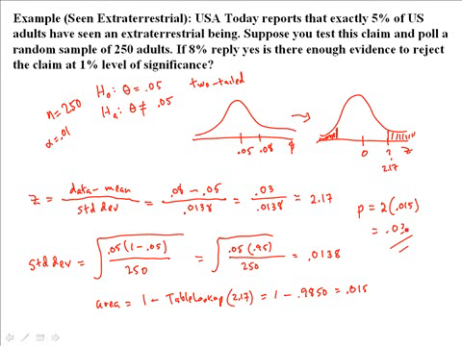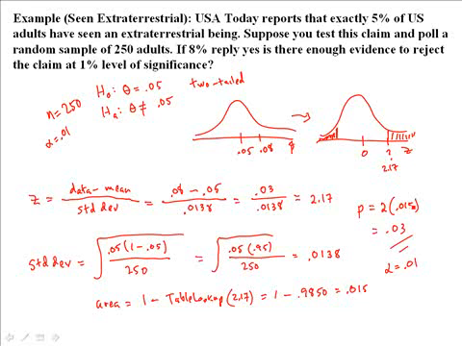But if you do have a level of significance, and we have one, this 1%, then you take this p-value and compare it to that. In this case, our alpha, we said, was 0.01. Is this p-value smaller than this alpha or not? It's larger. So this means that we can't reject the null hypothesis.